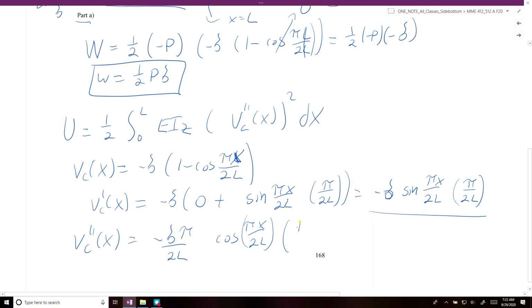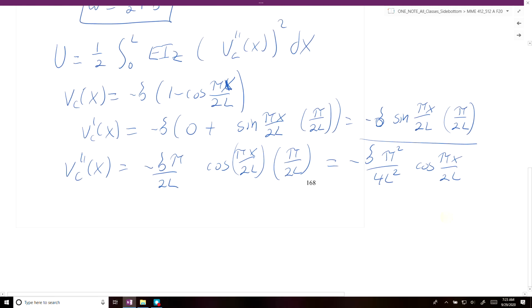So we would get pi over 2L again. If we multiply all this through, we get negative delta pi squared over 4L squared cosine of pi x over 2L.